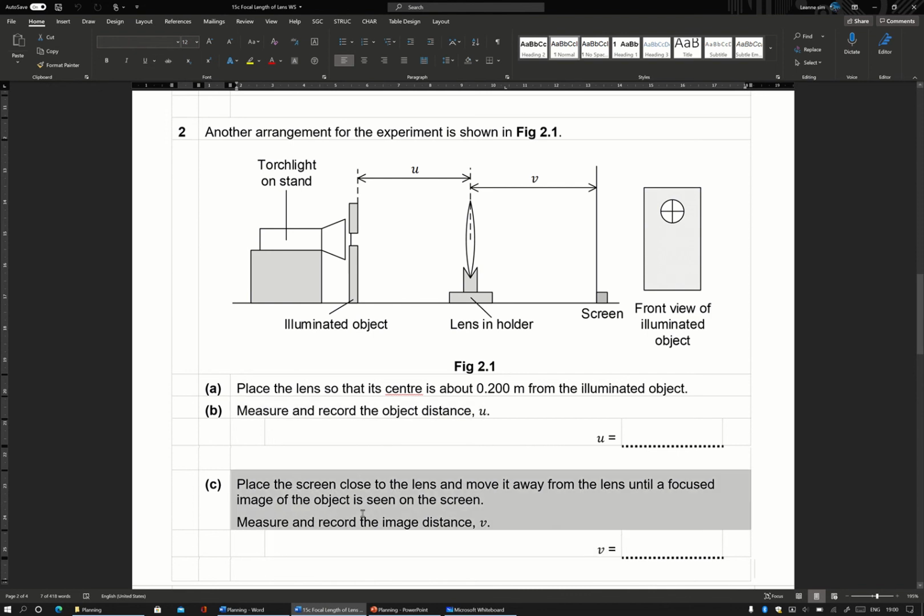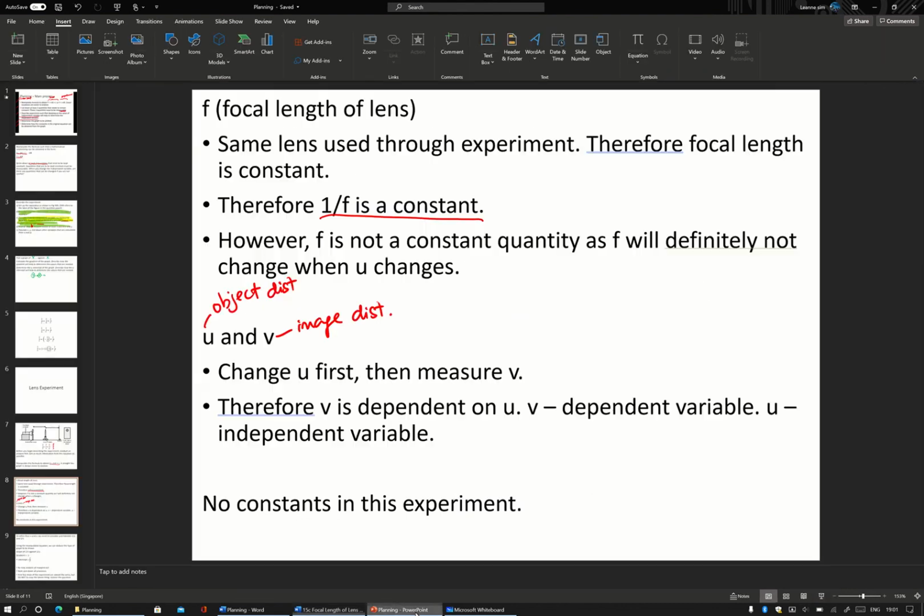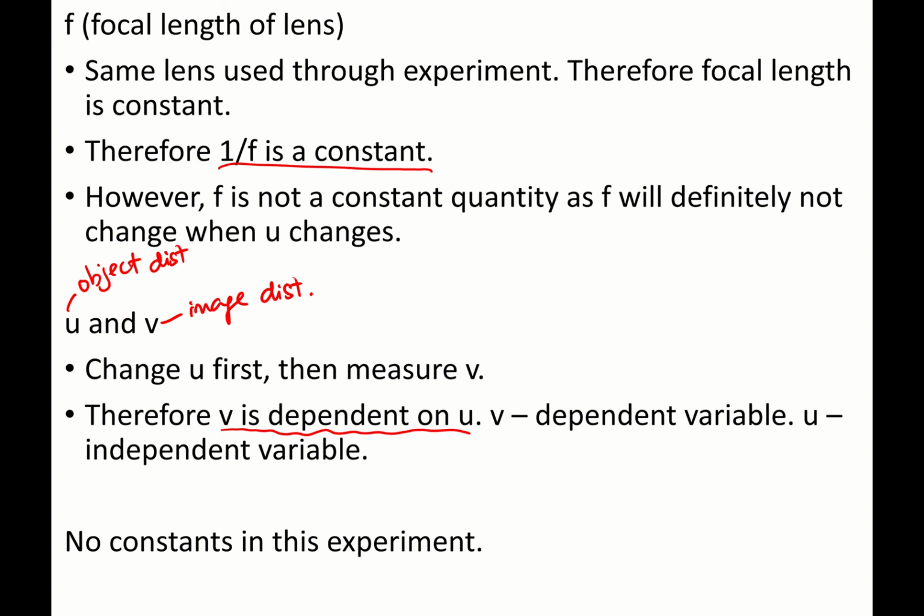Then you measure and record the image distance v. So you measure u first, and then you measure v. And the steps are put in this way because v depends on u. And because v depends on u, that makes v the dependent variable and u the independent variable.